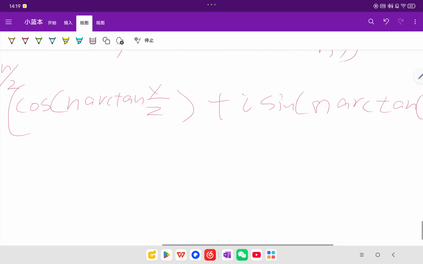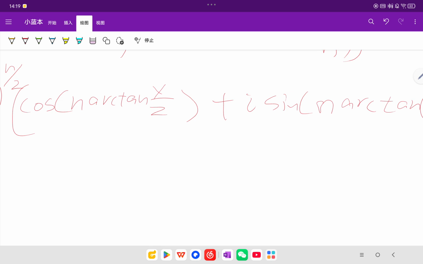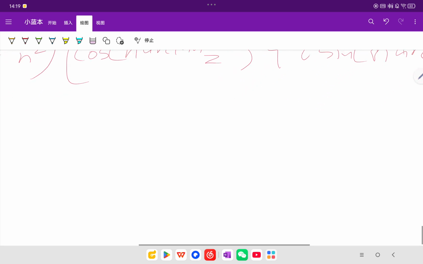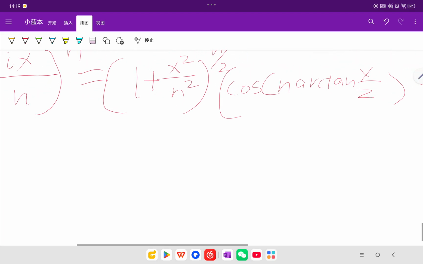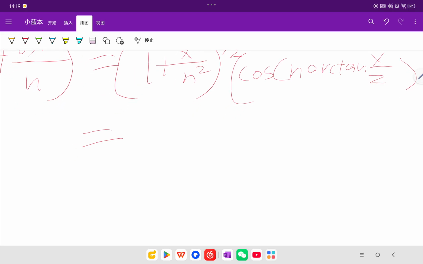So basically we just multiply the angle in the cosine and sine functions by n, and raise the constant multiplied outside of it to the nth power.